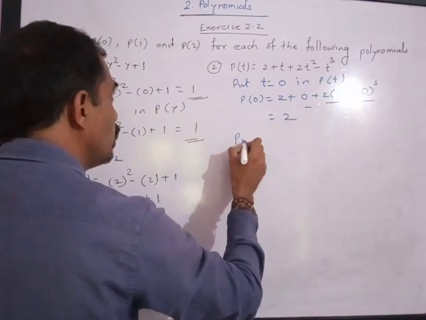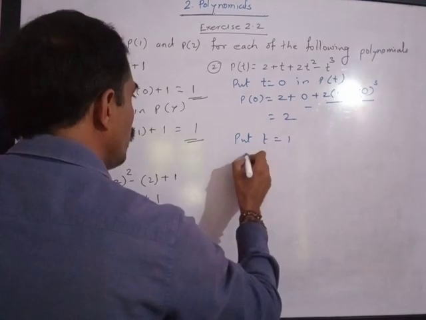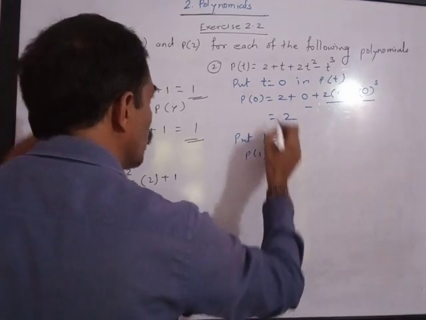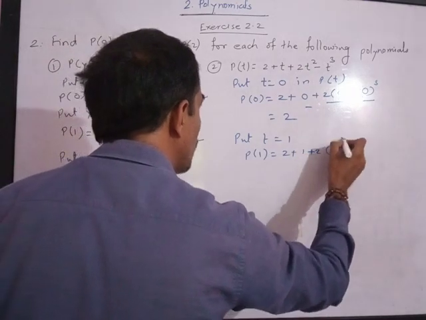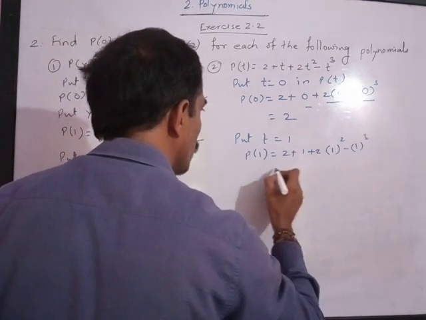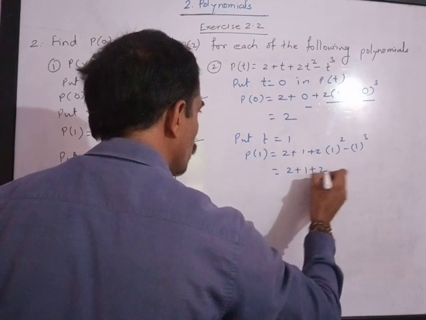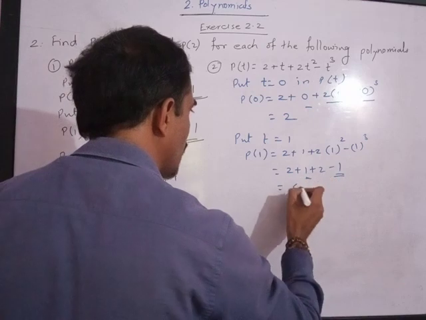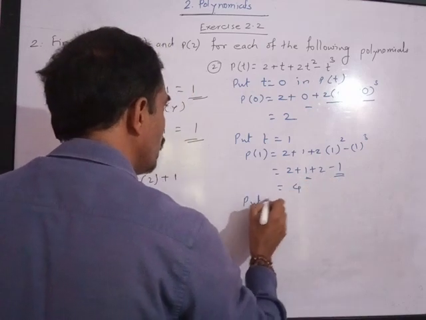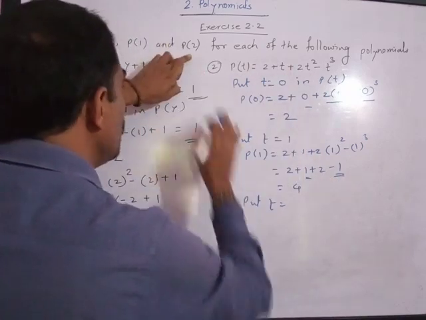Next is put t is equal to 1. So we'll get p of 1 is equal to 2 plus 1 plus 2 into 1 square minus 1 cube. So this is equal to 2 plus 1 plus 2 minus 1. Plus 1 minus 1 cancels. Answer is 4. Then put t is equal to 2.